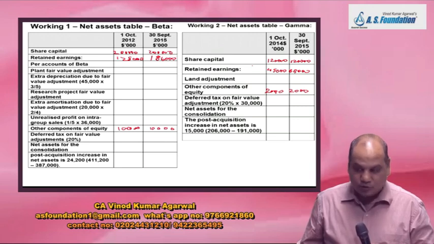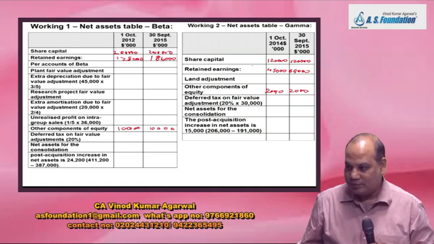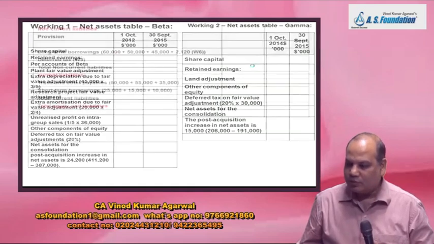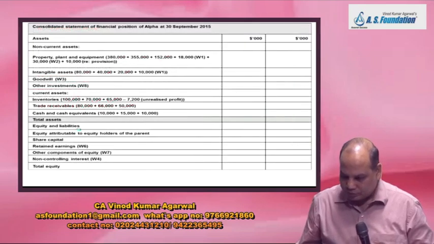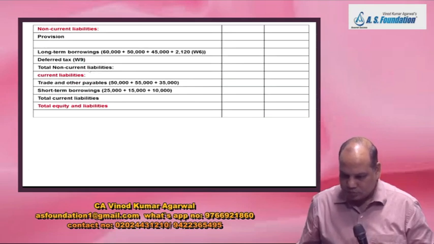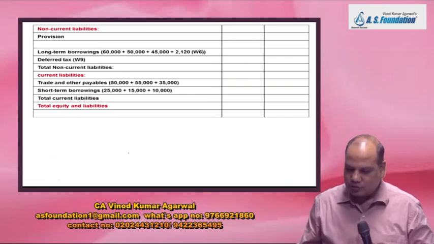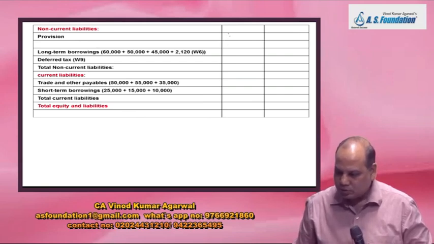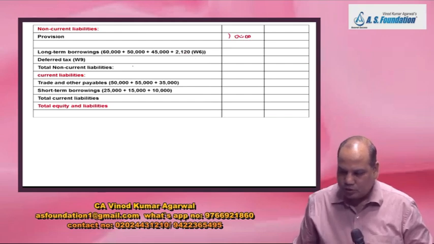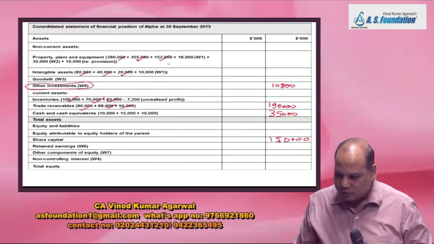Provision. What is the entry for provision we have decided? Provision 34,000 is appearing, but it should be only 10,000. Is it right? So provision we will reduce by 24,000. So come to provision in the balance sheet. Write directly here 10,000 only, non-current liability. Then you will add 10,000 in the PPE.